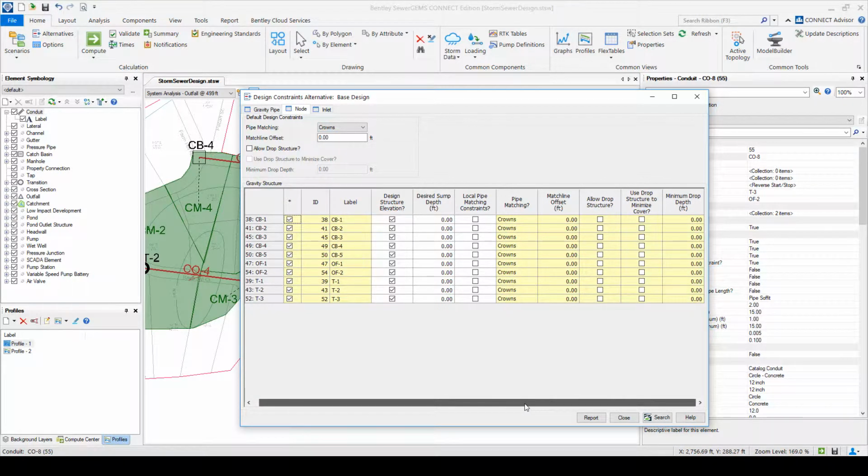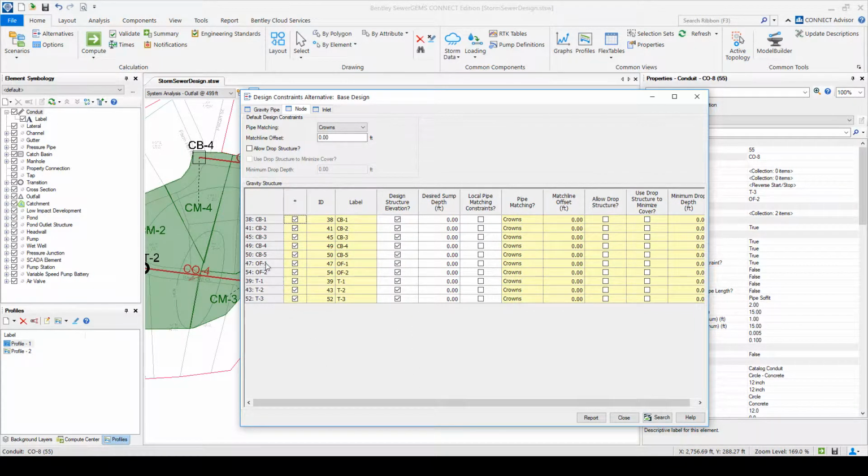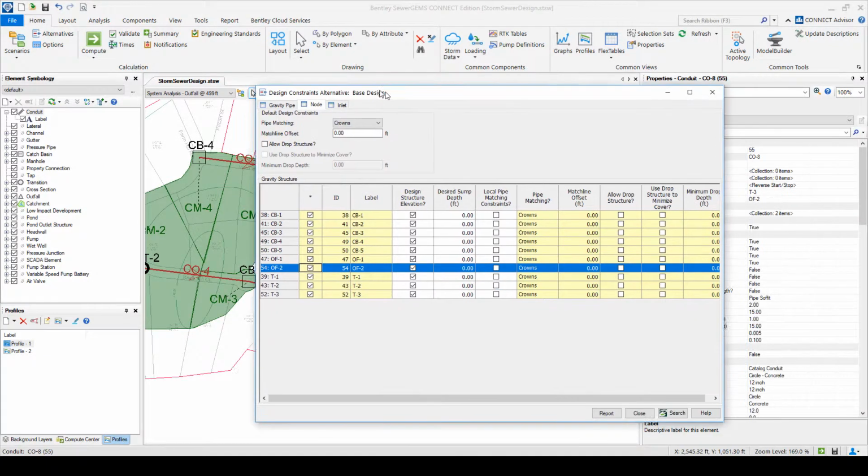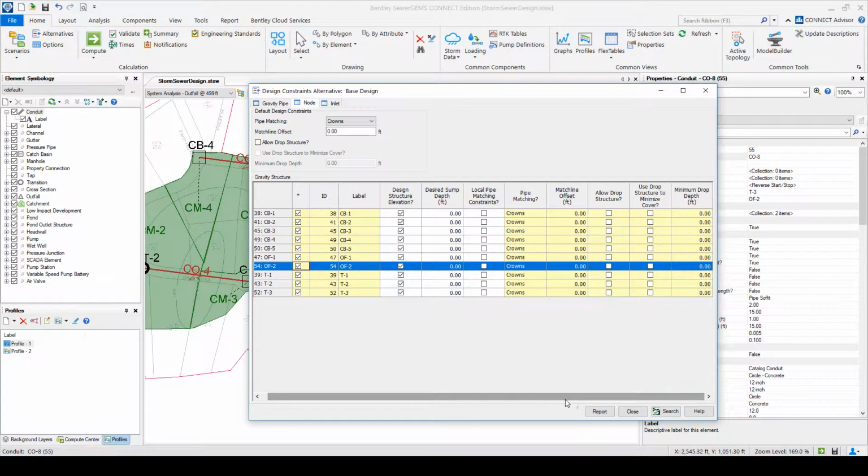Okay, and we said that we allowed the design of structure elevation for all of our nodes, including the 2 outfalls. Okay, so outfall 2 and outfall 1. And that's it. That's what we decided.